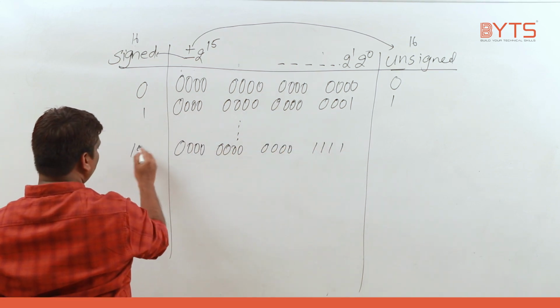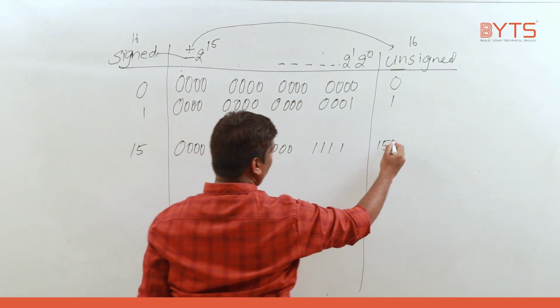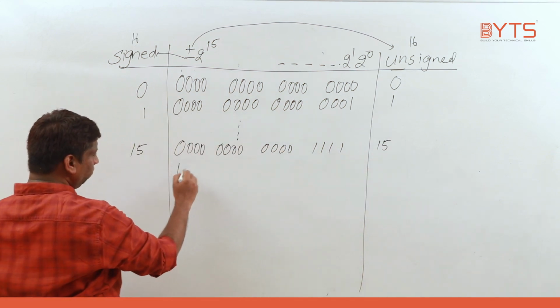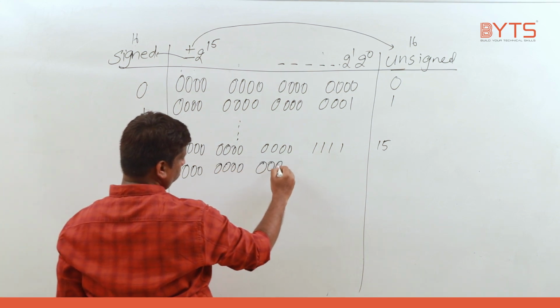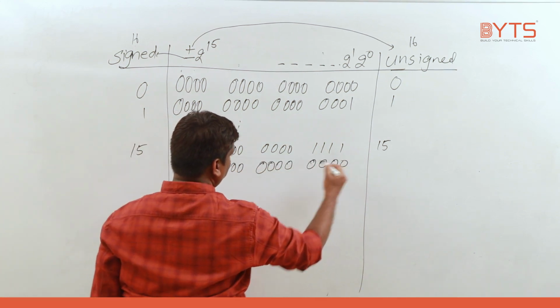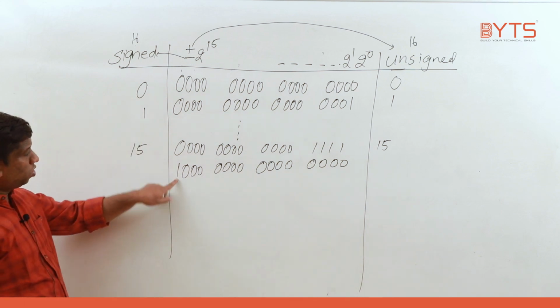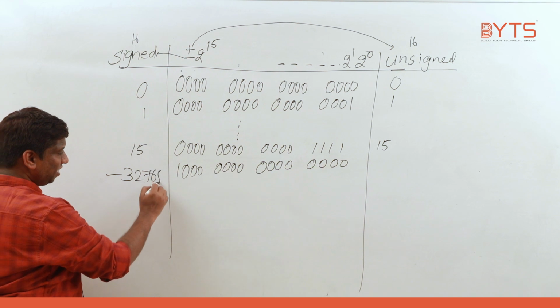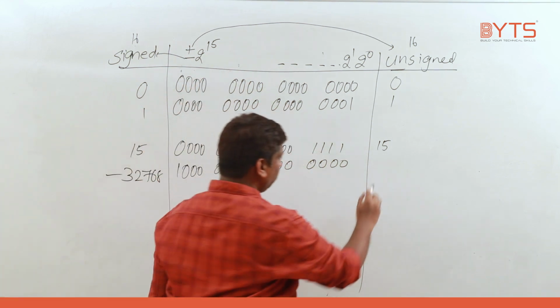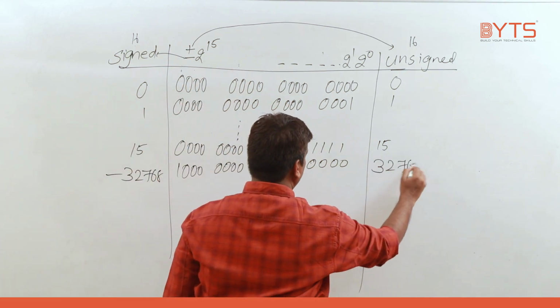This will be 15, this will also be 15. Let me put 1 here. This will be minus 2 power 15, that is minus 32768. For unsigned it will be plus 2 power 15, that is the result will be 32768.